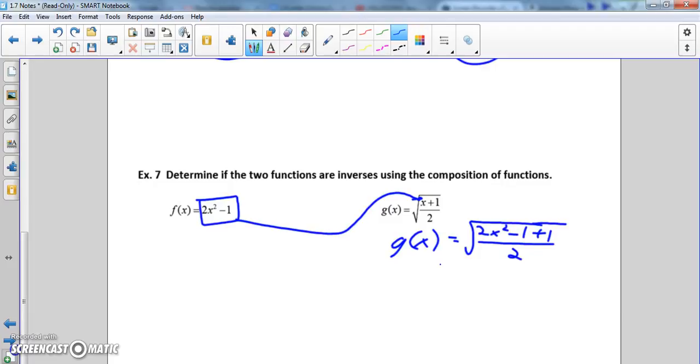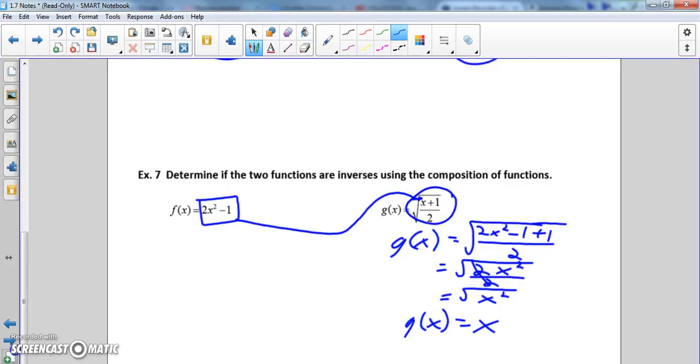So g of x equals the square root of, minus 1 plus 1 simplifies, 2x squared over 2. 2's cancel. g of x equals the square root of x squared. And the square root of x squared is simply x. So that side works out.